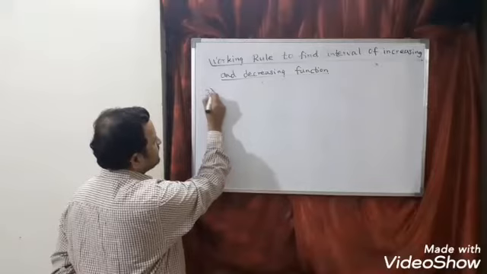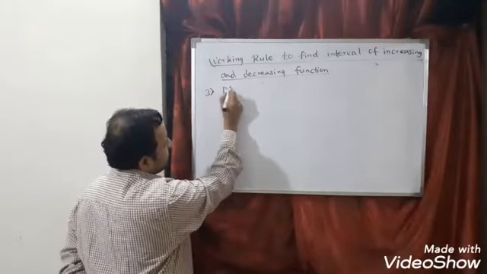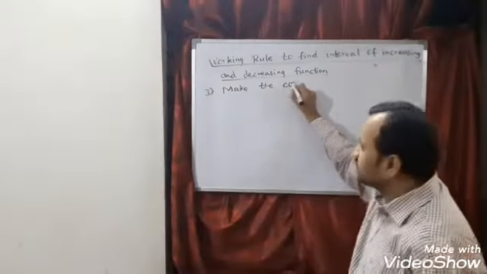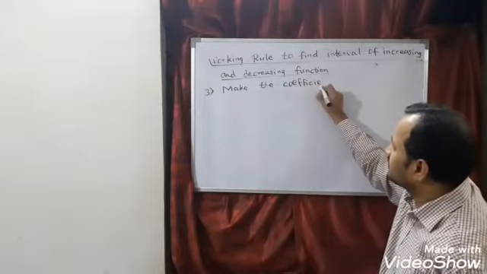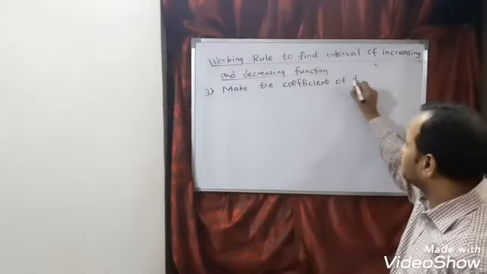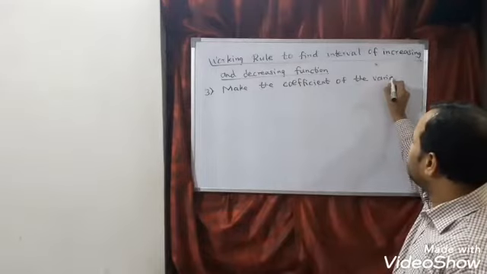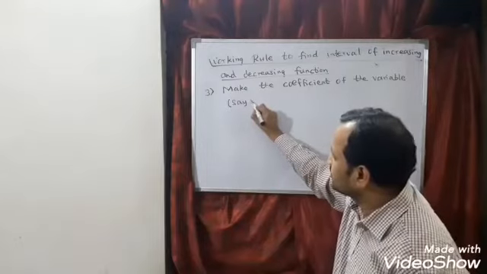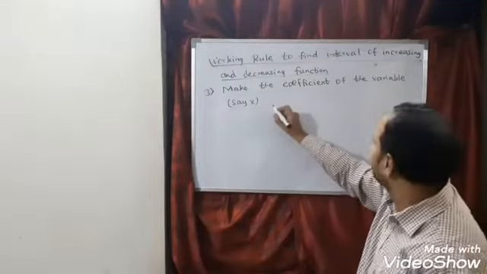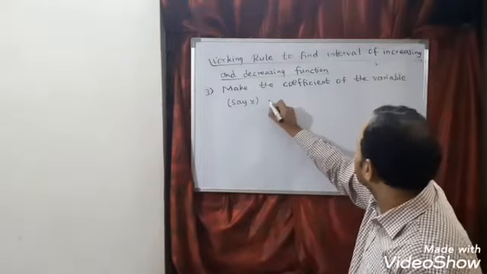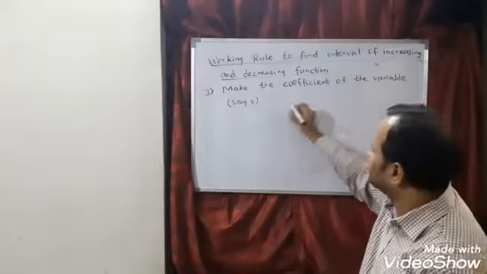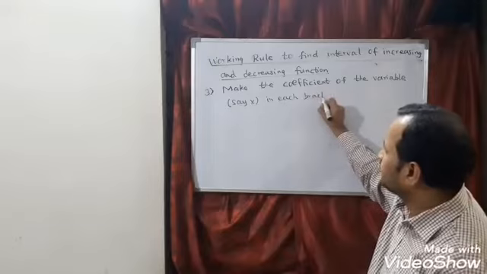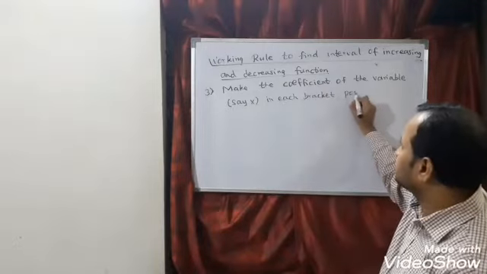Third step is make the coefficient of the variable, say variable as x, in each bracket positive.